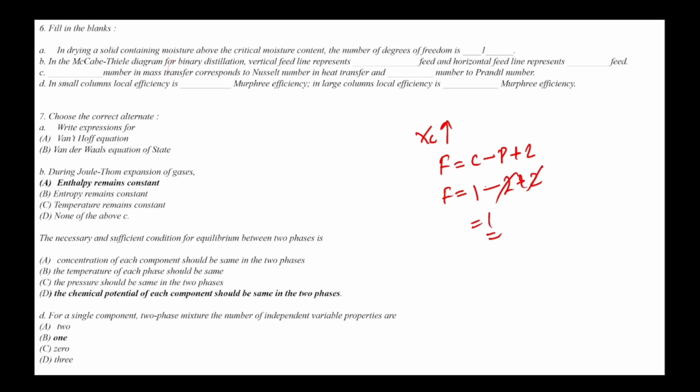In the McCabe-Thiele diagram for a binary distillation column, a vertical feed line represents q equal to 1, saturated liquid.